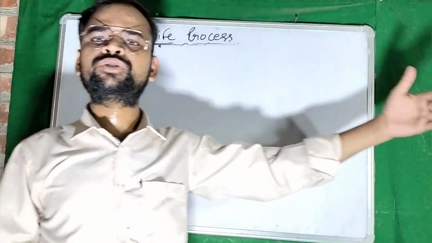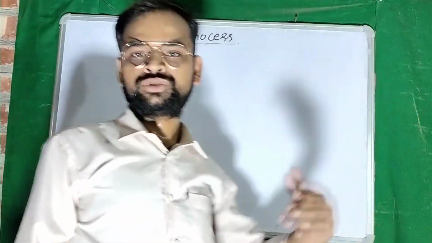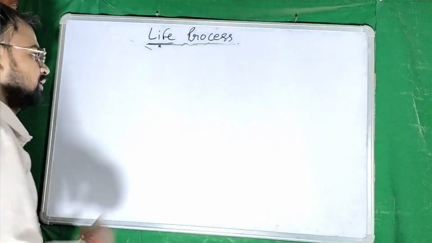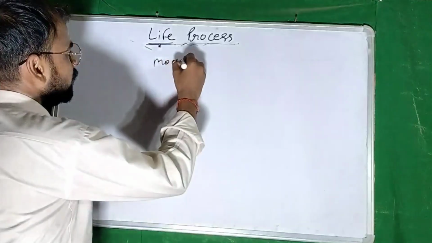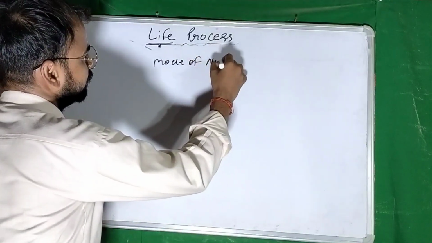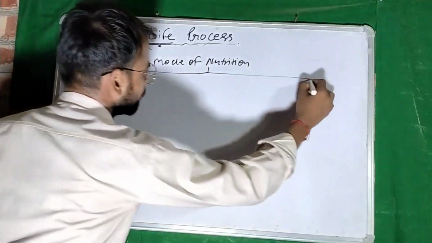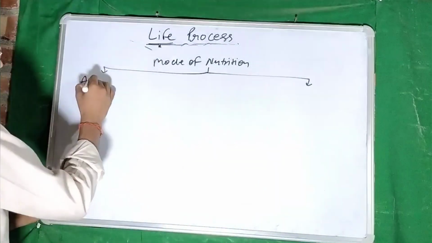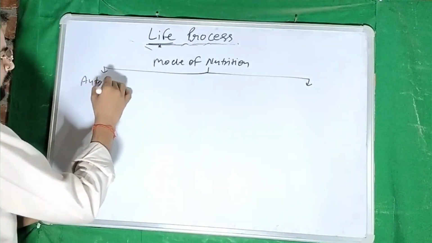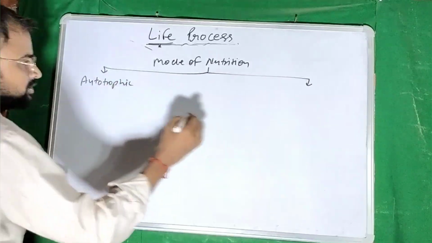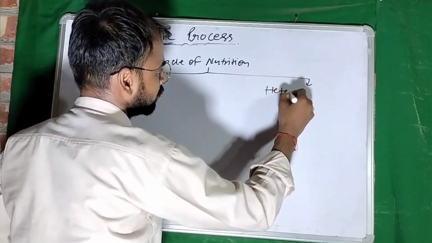So they take food particles by different modes. There are two modes of nutrition. Number one is autotrophic. The second one is heterotrophic.